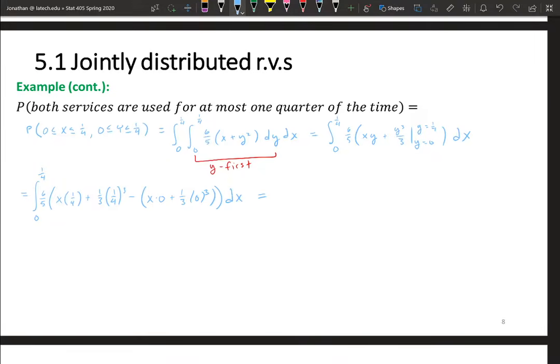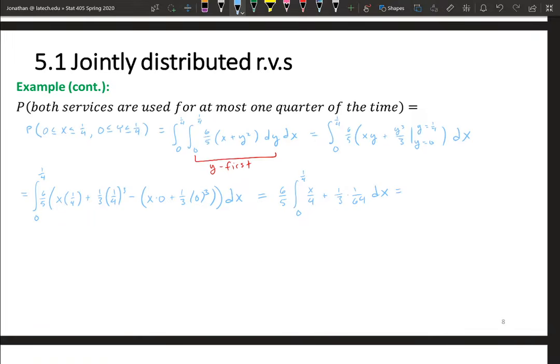And now at this point I'll pull the 6/5 out of the integral because it's really just a constant. And now I just get x over 4 plus 1/3 times 1 over 64, dx.